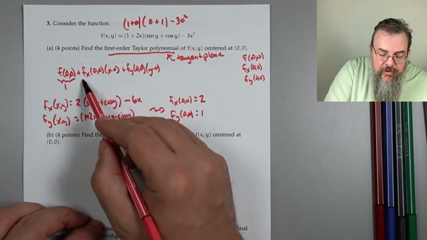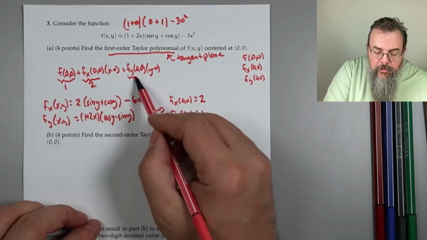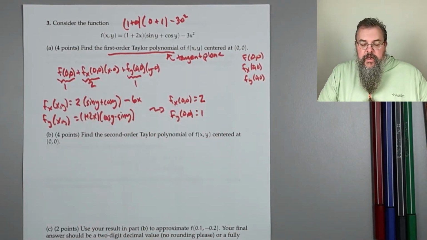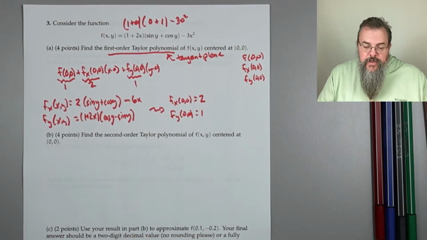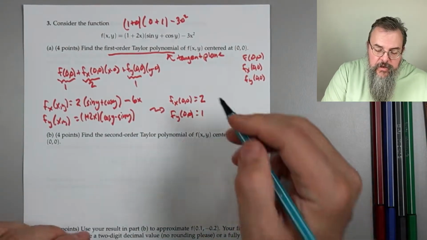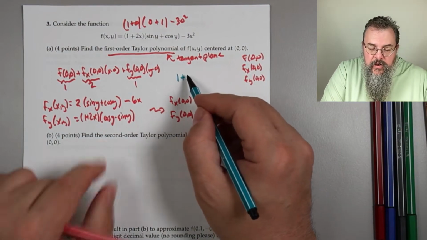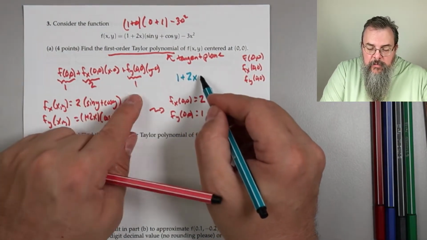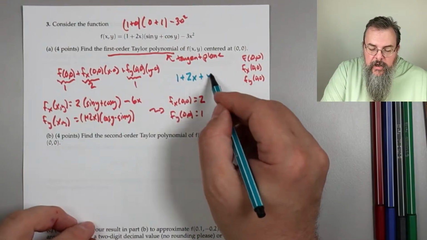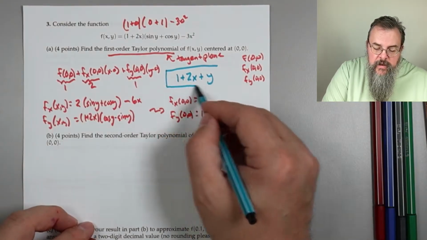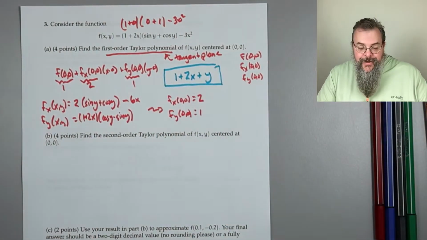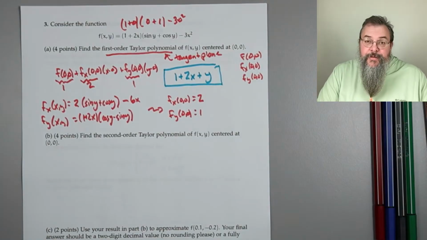So that's a 2. That's a 1. And so our answer, what's our first order Taylor polynomial, is we get 1 plus 2x plus y. And there we go. That's our first order Taylor polynomial.